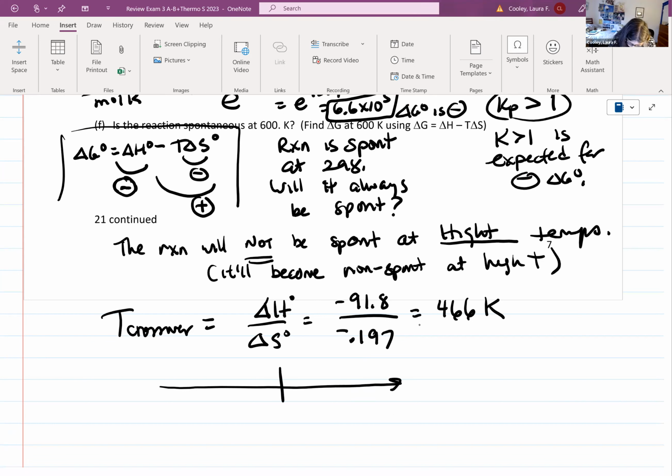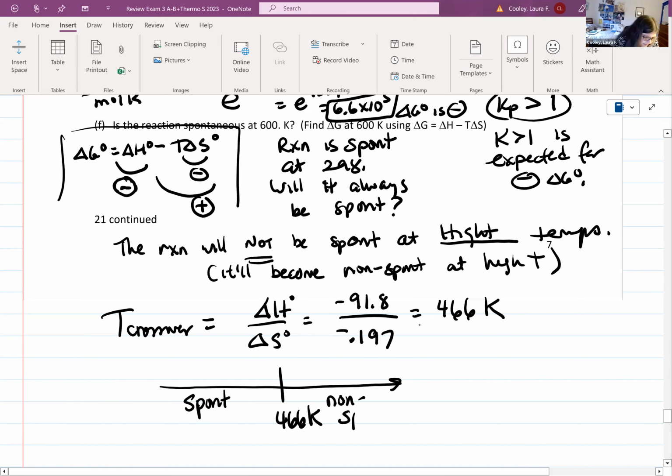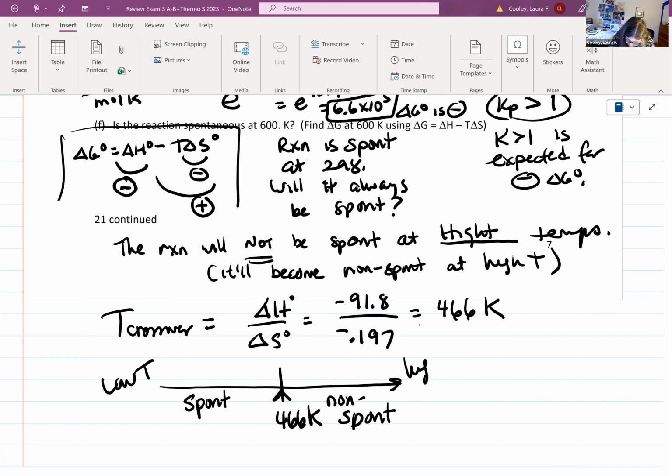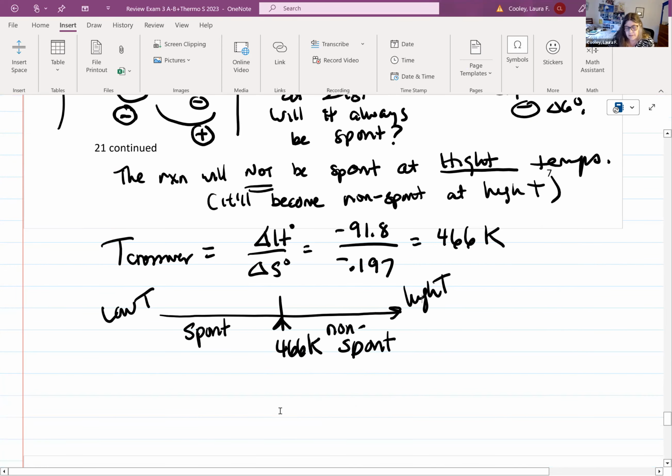So what that tells you is that there's a change at 466 Kelvin. The reaction goes from being spontaneous to non-spontaneous. The delta G becomes positive at 466.